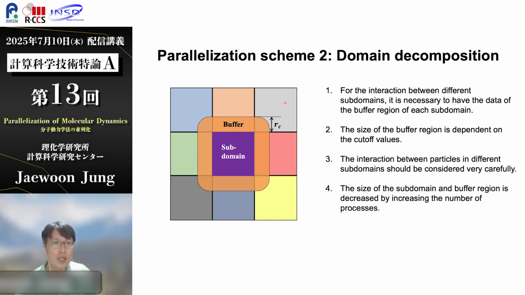So even for a very, very large system, by just increasing the number of processors, it can reduce the data size of each processor. In this way, we can apply it to very large system simulations using a large number of cores and supercomputers like Fugaku.